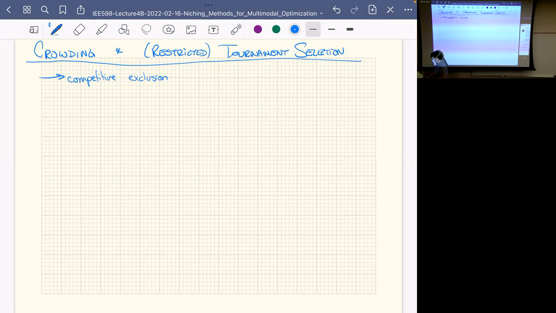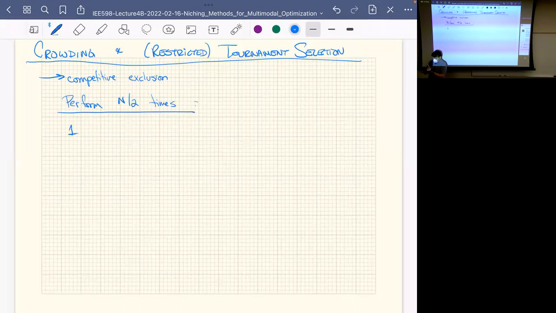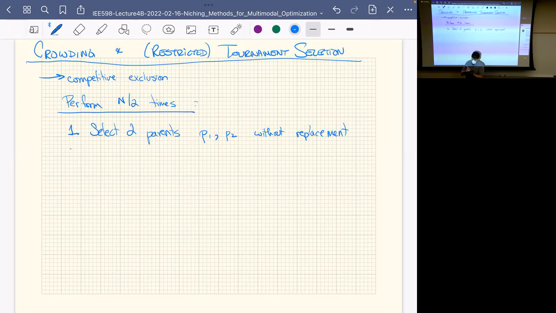So the basic algorithm here is you perform n over 2 times the following steps. One, you select 2 parents, I'll call them P1 and P2, without replacement. That means that once they've participated in this, they don't get to participate anymore.